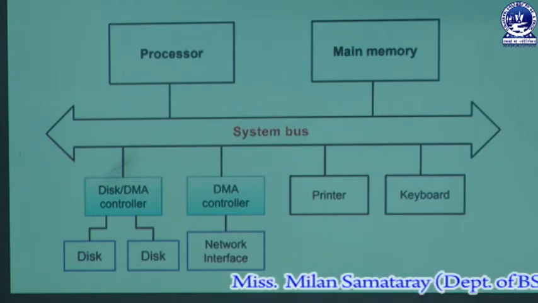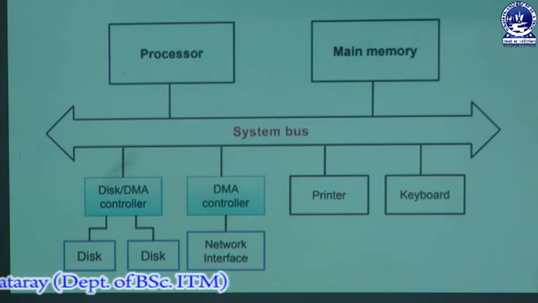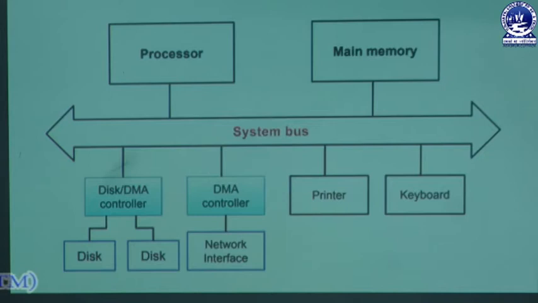We cannot transfer the data bit by bit, because that would take much more time, and that's why the data transfer takes place in the form of blocks of words. So the DMA controller has the information about how much data will be transferred, and that is counted by counting the number of words.